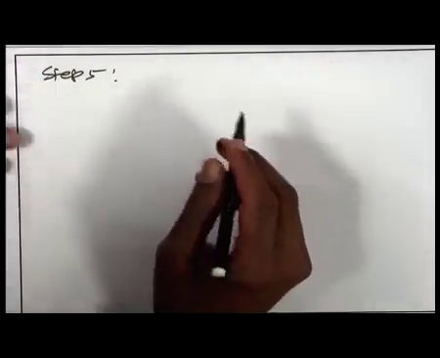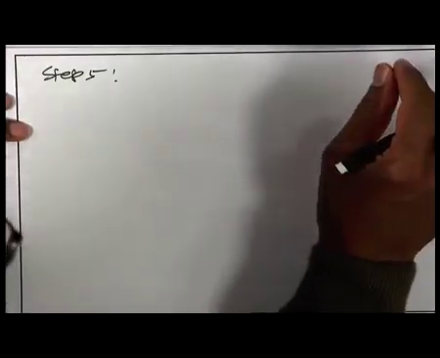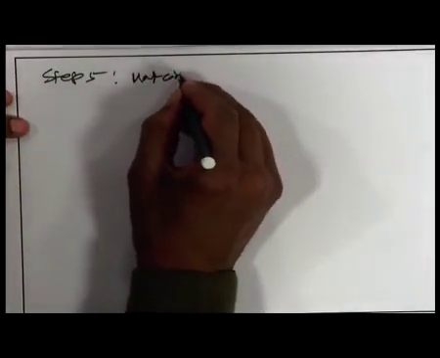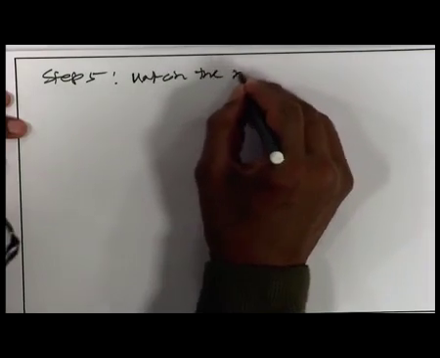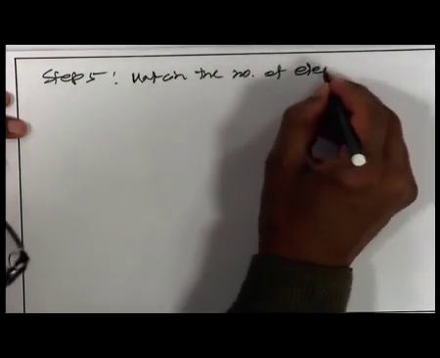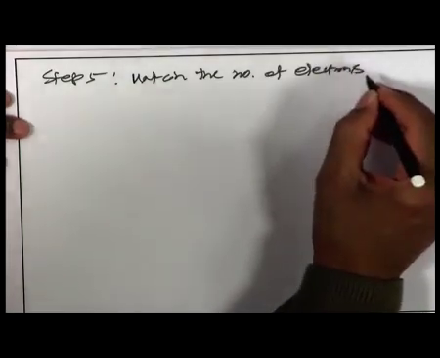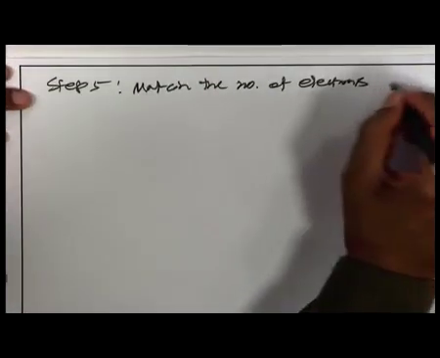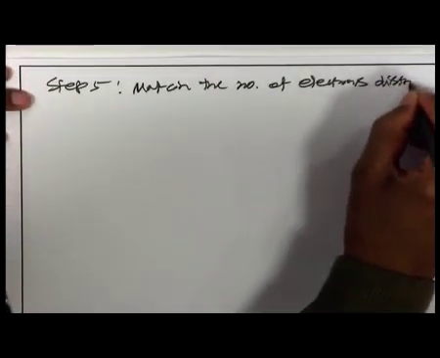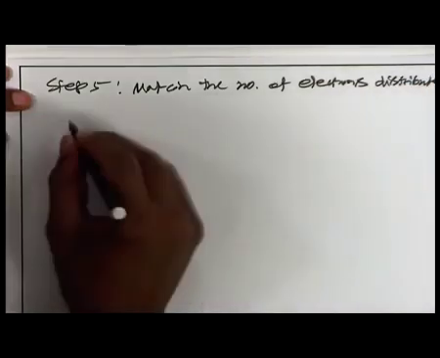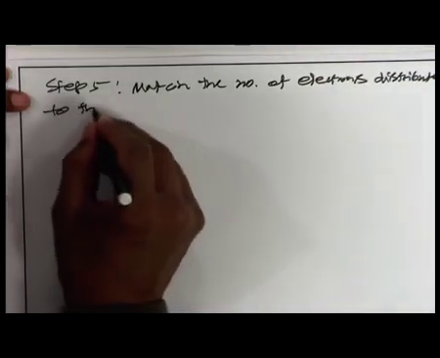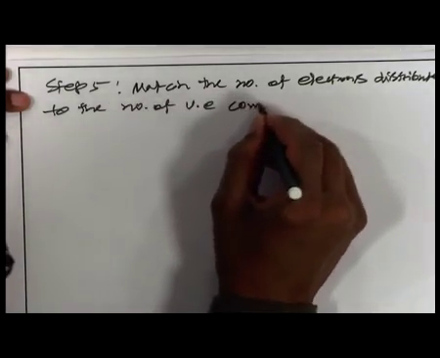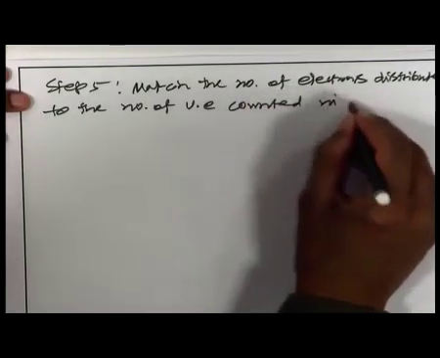After distributing the valence electrons around each atom, you have to match the number of electrons distributed to the number of valence electrons counted in step 1.